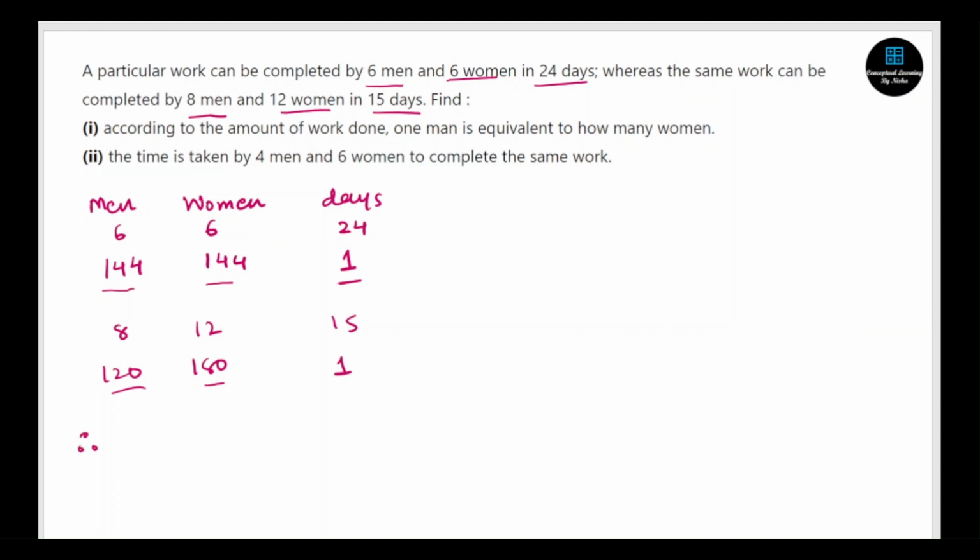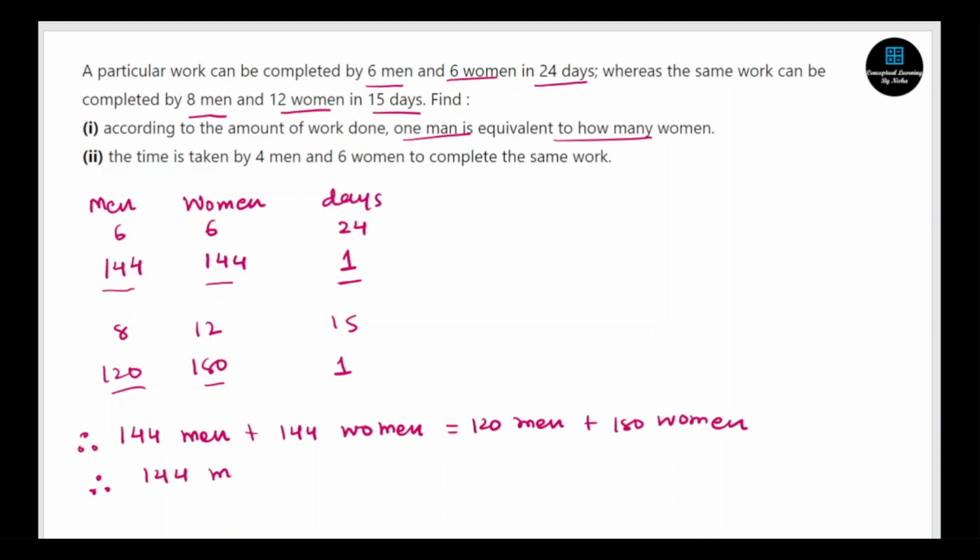So what I can say now, see, 144 men plus 144 women equals 120 men plus 180 women. Alright, now once I get this, what we have to find is one man equivalent to how many women. So I can just subtract. 144 men minus 120 men equals 180 women minus 144 women.